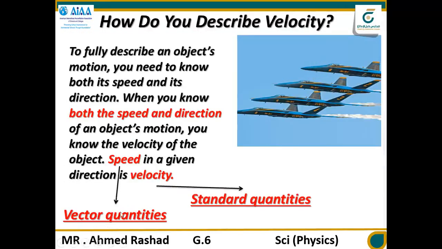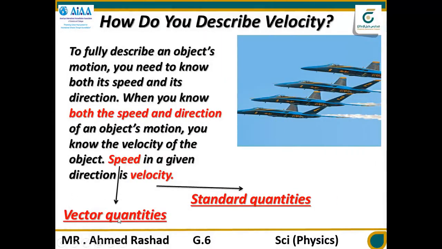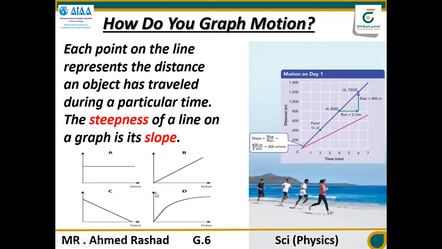And the difference between speed and velocity: vector quantities and scalar quantities. Scalar quantities do not need direction, and vector quantities need the direction.